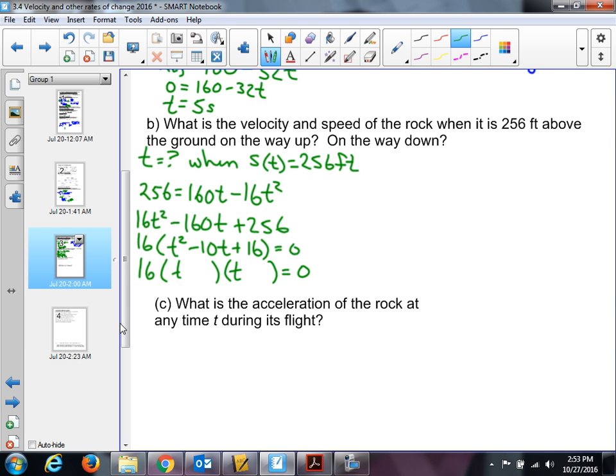Think about it. It's not too bad to factor. 8 and 2, right? Negative 8, negative 2. So, 8 seconds and 2 seconds are the two times.